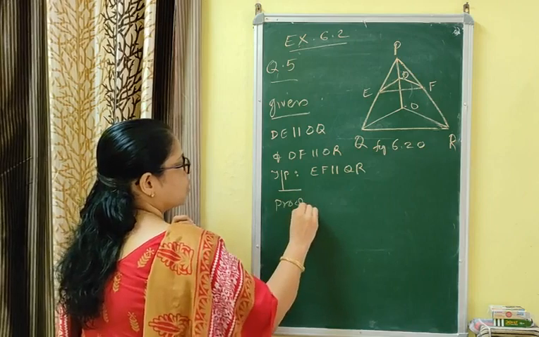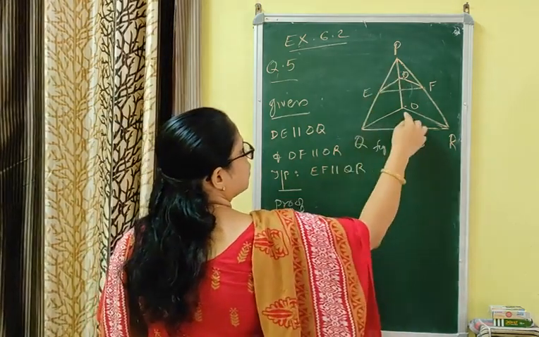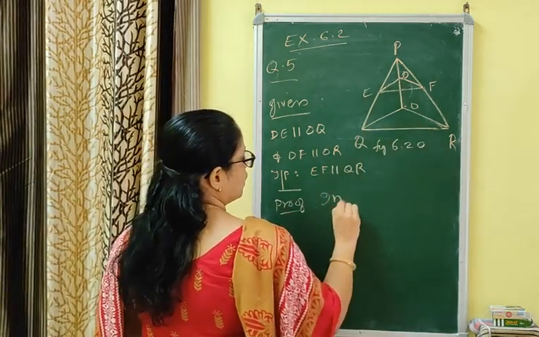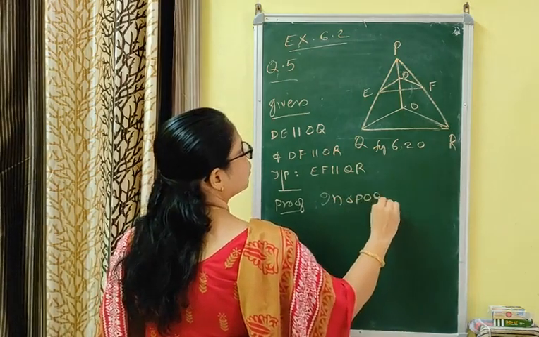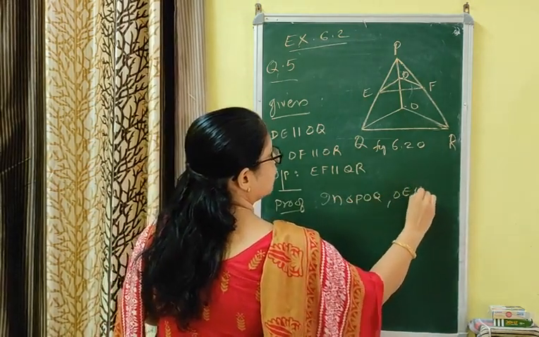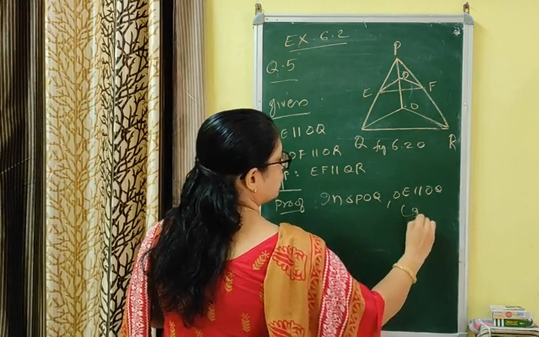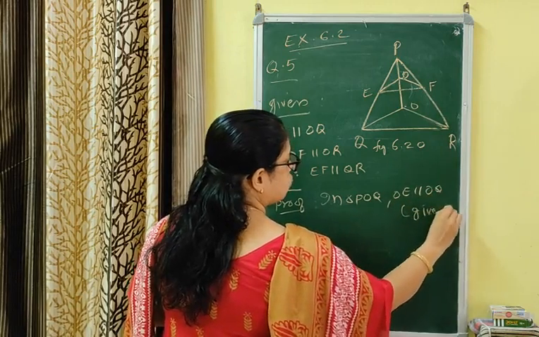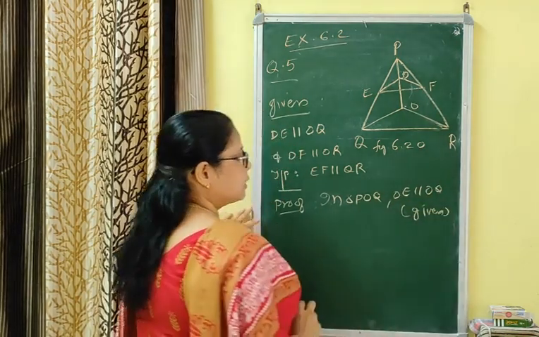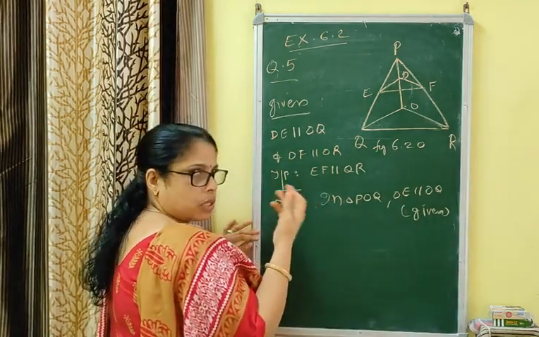Then proof is, first of all, take the triangle POQ. In triangle POQ, DE is parallel to OQ, that you are given. Whatever you are writing, you have to mention the reason, whether it is given or you are using any property.